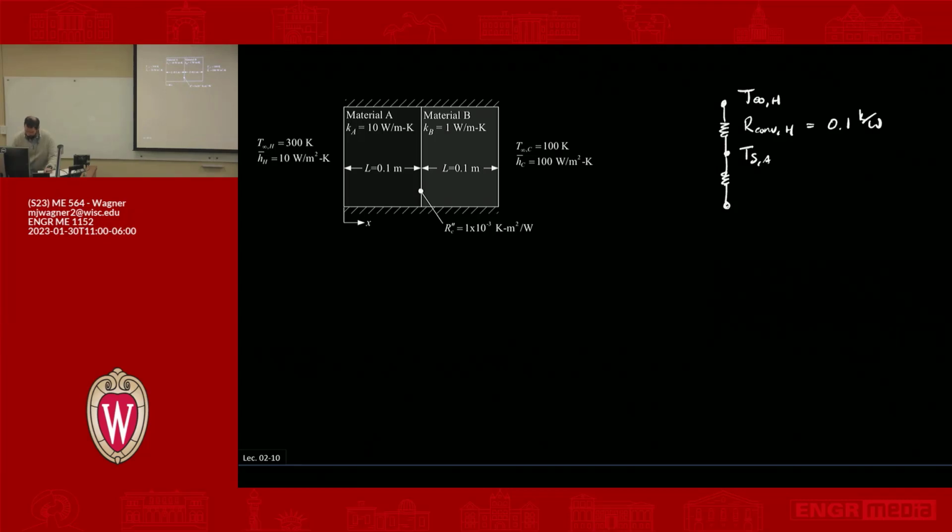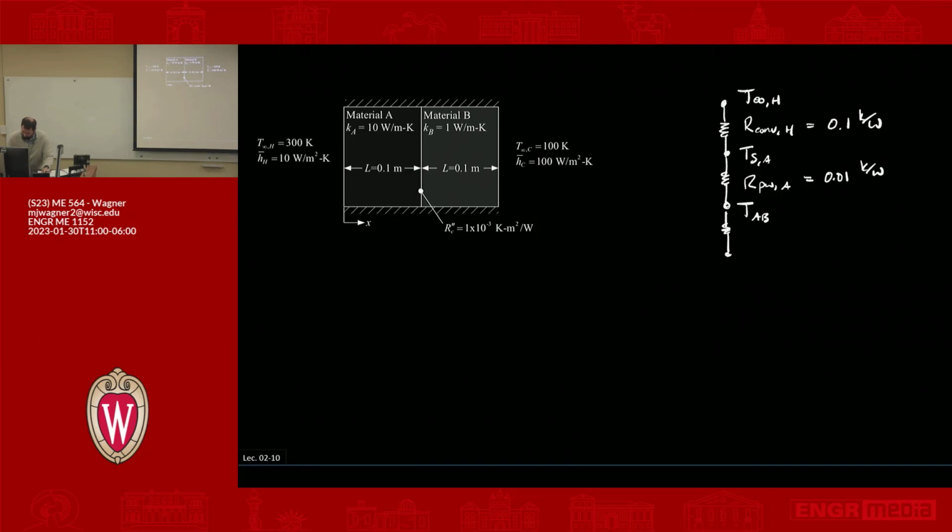Let's call this the resistance of the plane wall in material A, going to some temperature, maybe T AB, the interface between A and B. We can calculate the conduction resistance: thickness L over k times A, which should be 0.01 Kelvin per watt. And we just keep going.